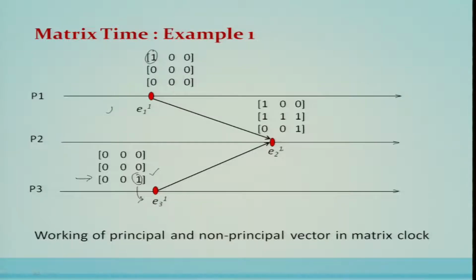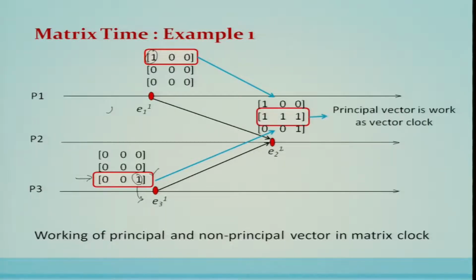Similarly, when they are received at E2 of process P2, let us see the details of how it will be updating the clock. Process P2 first will modify its scalar clock, that is in the second row and the second column, so it will be event number 1.